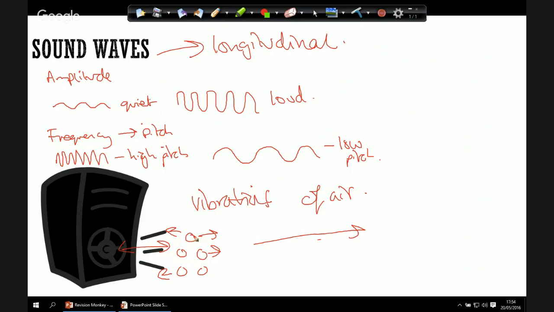And because the air particles are vibrating in this direction and the energy is transferring this way, we, again, just to repeat myself, say they're parallel. The vibrations are parallel to the energy transfer, and the wave of energy is passed on. So sound is all to do with the vibration of air.